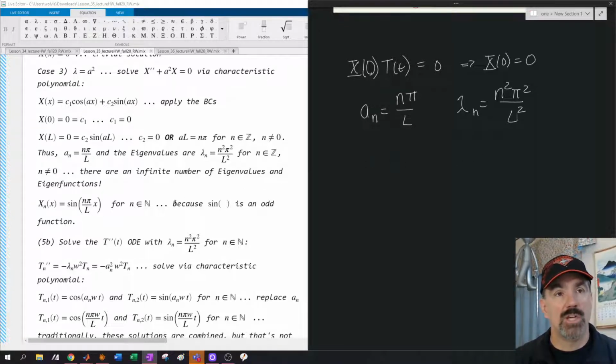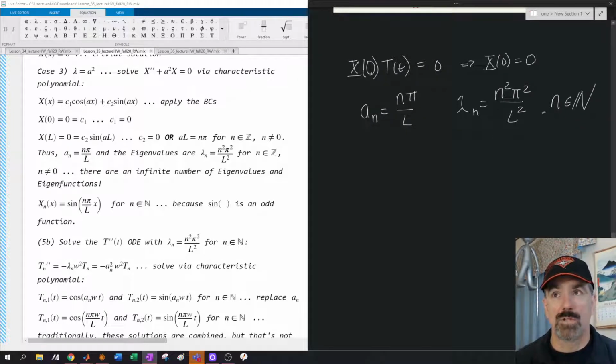So to finish up here, I want to write down what my eigenfunctions are. I don't need the constants because any constant multiple of an eigenfunction is an eigenfunction, and I want to make sure that I understand that there's an infinite number of them and clearly mark in all of these conversations n is a natural number.